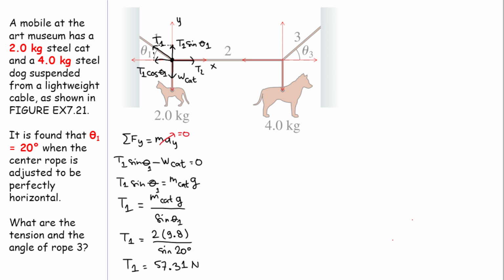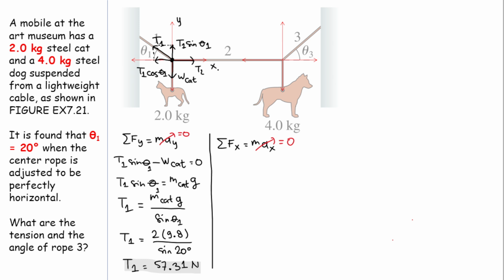Good. And now all that we need to do is again Newton's second law analysis, but in the x direction. Let's do the cat again, but in the x direction. So we will have sigma F, this time in the x direction, and that will equal the mass multiplied by acceleration also in the x direction, and this one will equal 0 again because it is stationary.